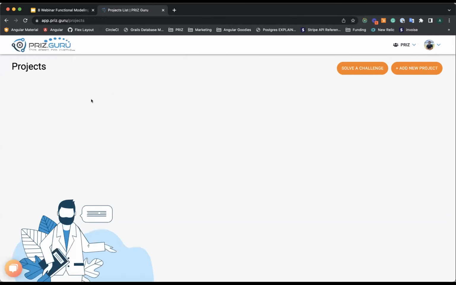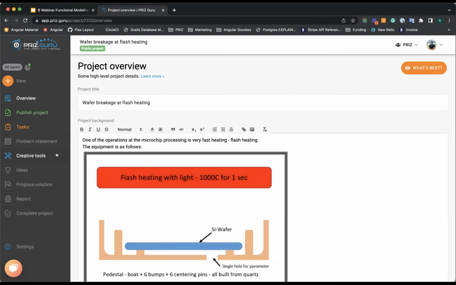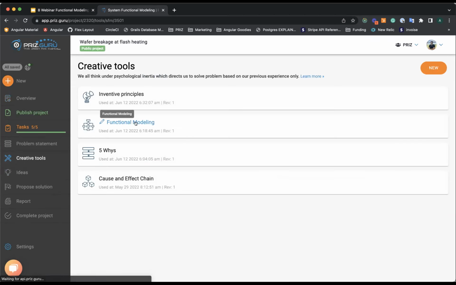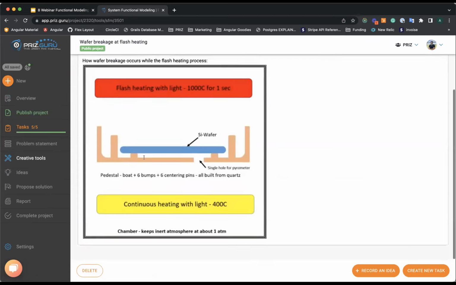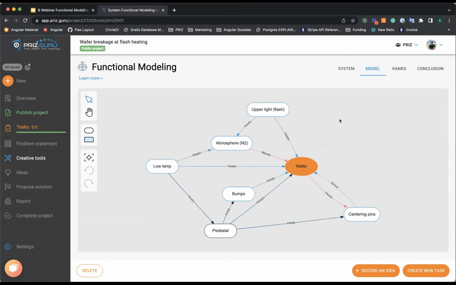Another example, probably, I don't remember if this one has a functional model. Yeah, it does. Again, also related to the same industry, microelectronics. When a wafer is breaking and we're analyzing how it can break, it's a much simpler model, right? But the process is the same.